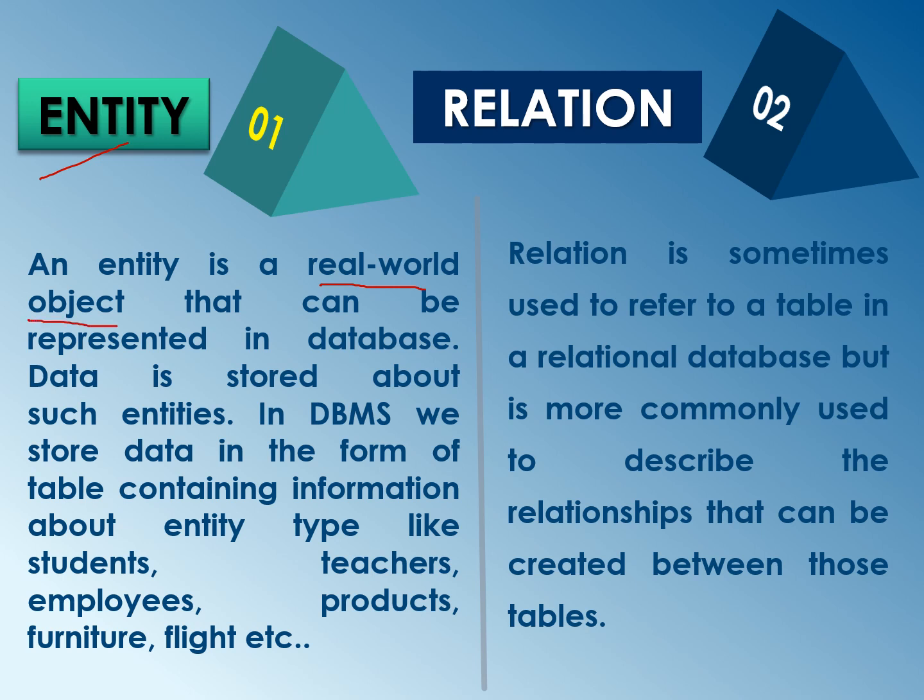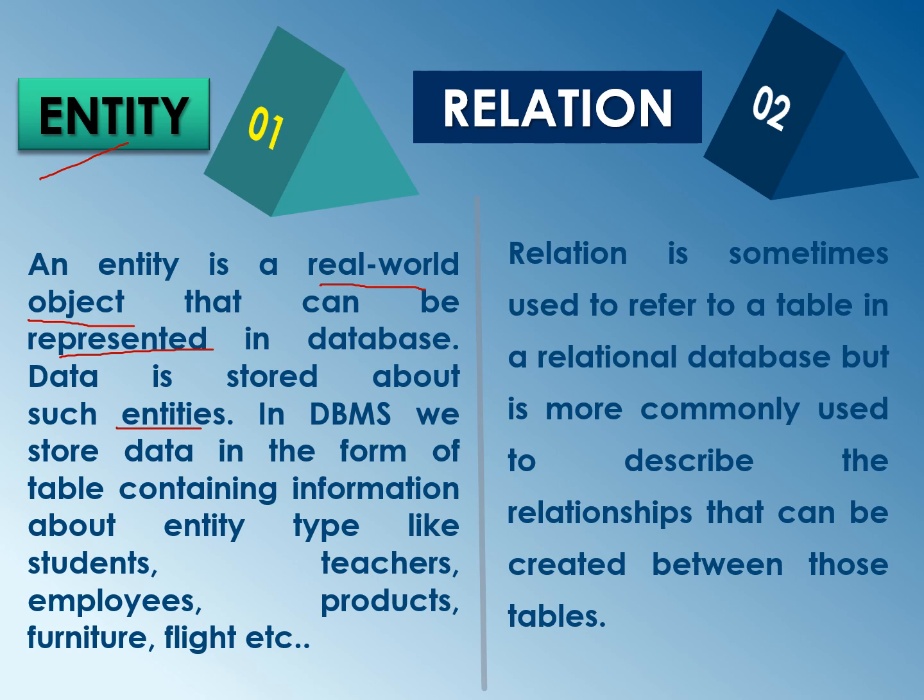Any object that can be represented in a database. Data can be stored about such entities. There can be various attributes or various pieces of information about this entity. Like we have seen in the previous slide, there were various attributes about the student entity. So student becomes an entity.